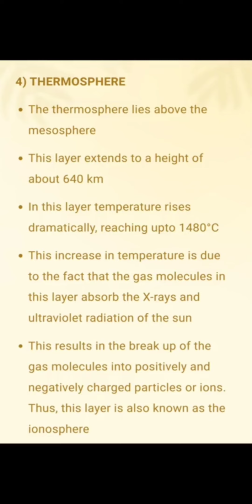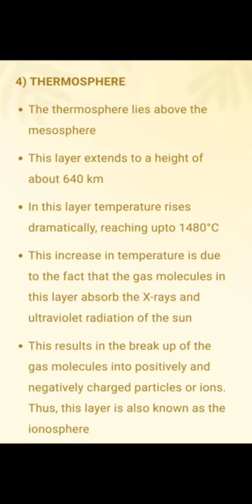Now the fourth layer, that is the thermosphere. The thermosphere lies above the mesosphere. This layer extends to a height of about 640 km. In this layer, temperature rises dramatically, reaching up to 1480 degrees Celsius.